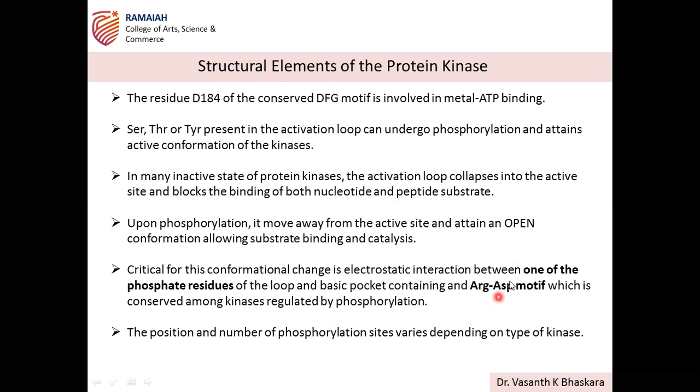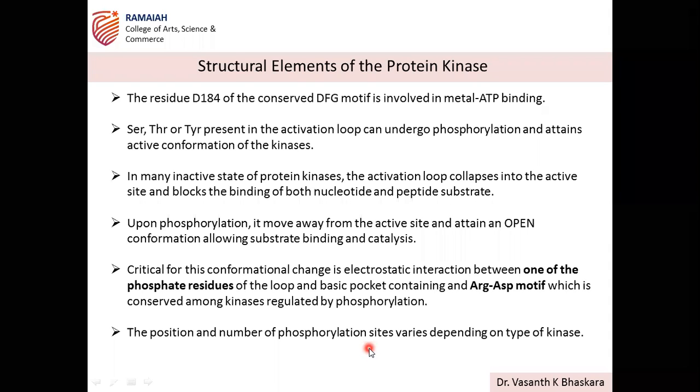So this particular motif is undergoing the impact of this phosphorylation, okay, and that leads to the open conformation of the kinase, nothing but the active state. The position and number of phosphorylation sites, which site is undergoing phosphorylation and how many, is variable among different kinases. Understood this point?